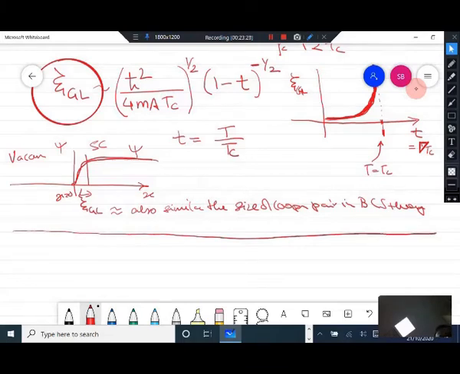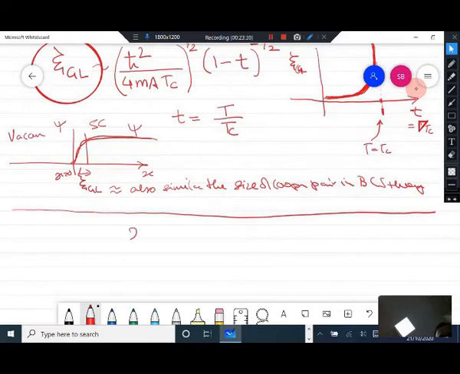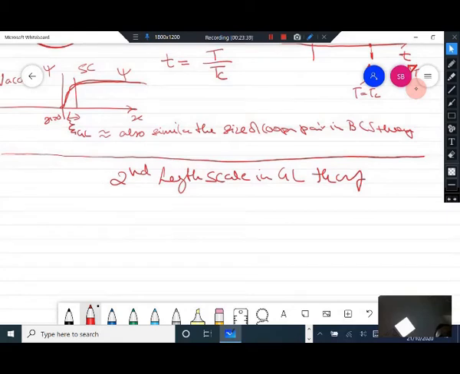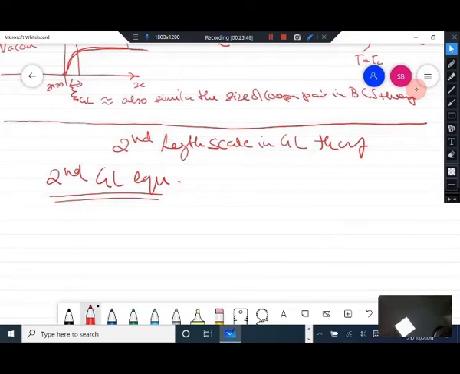Okay, now very quickly we can also get a second length scale in the Ginzburg-Landau theory, and this second length scale comes from the second GL equation. I will very quickly work that out.